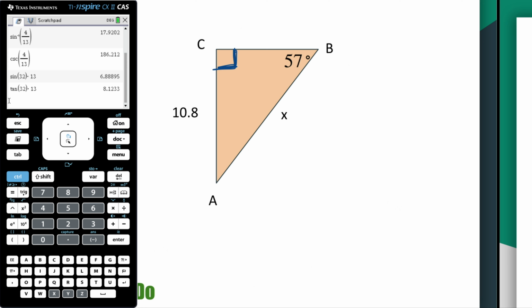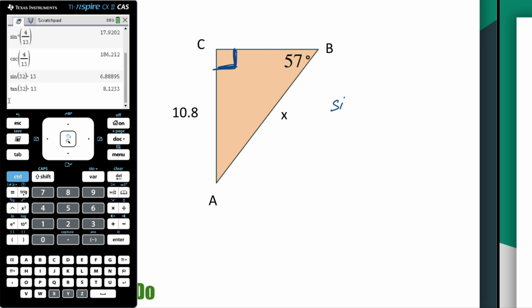All right, so hopefully you got it. Okay, you could see we're looking for this side x. We're given this angle. We have this side. So we need to look at the relationship. Well, this is opposite and I have hypotenuse. So this time I will correctly use sine.